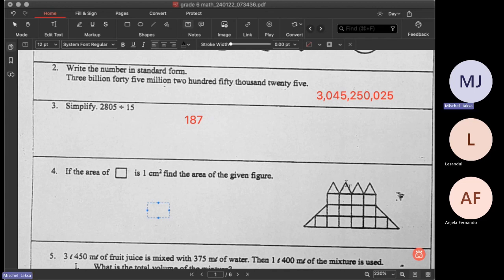Okay, what about the triangles? Triangle is equal to what?